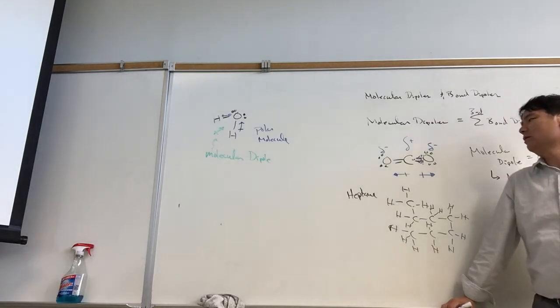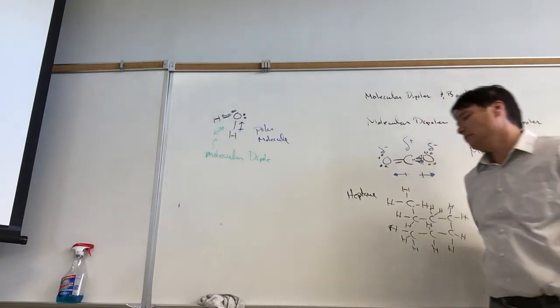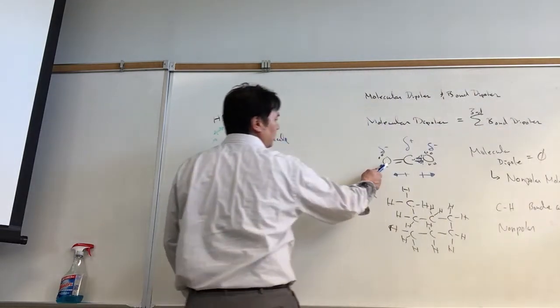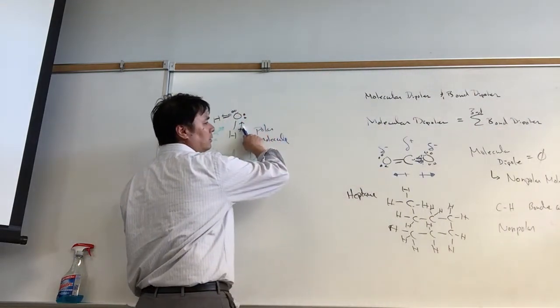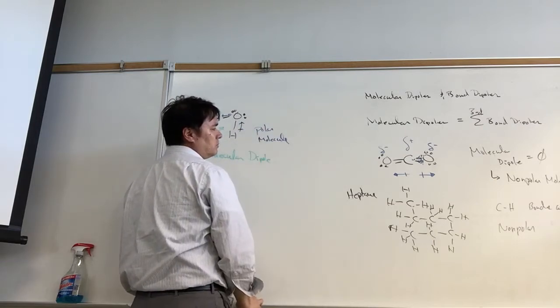The rule is for molecular compounds, the solubility can be dictated by like dissolves like. In other words, this is nonpolar, this is polar. And therefore, it's a mismatch for CO2.